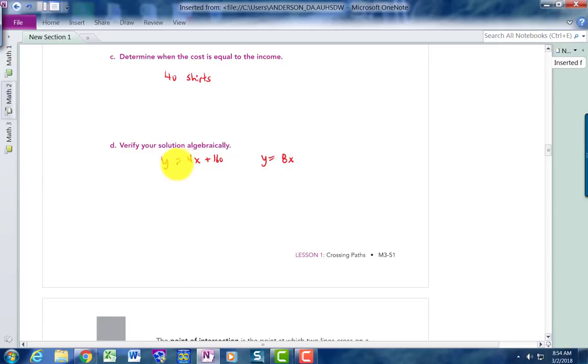So if you notice, if we set each of these equal to each other, since y equals this and y equals this, we want these two values to equal each other. The y value here equals the y value here. So therefore we can set these two equal to each other. So 4x plus 160 is equal to 8x.